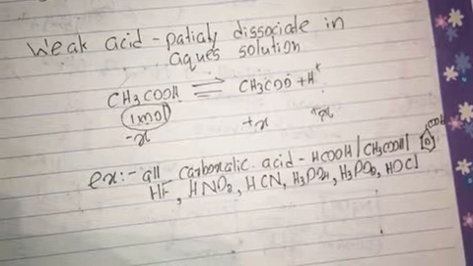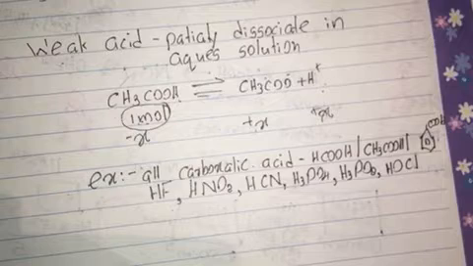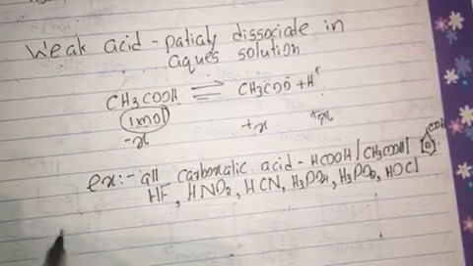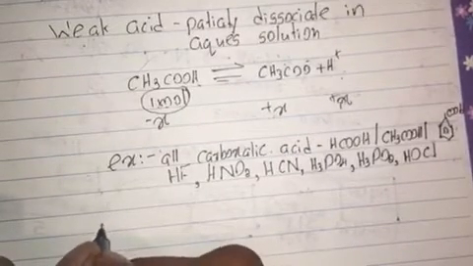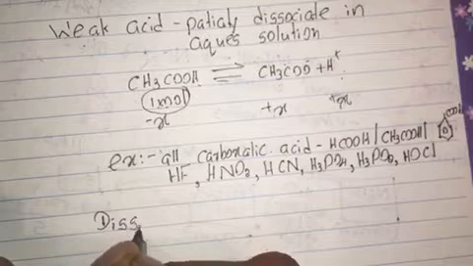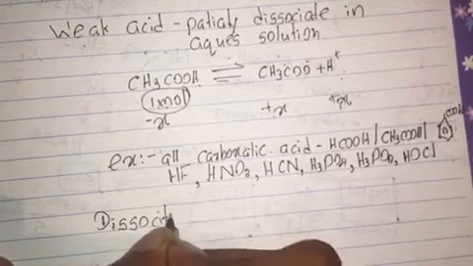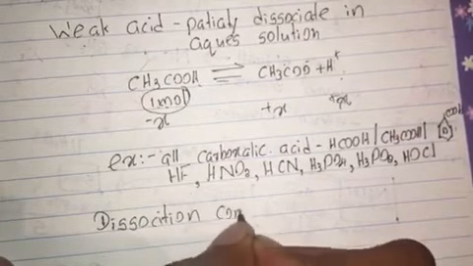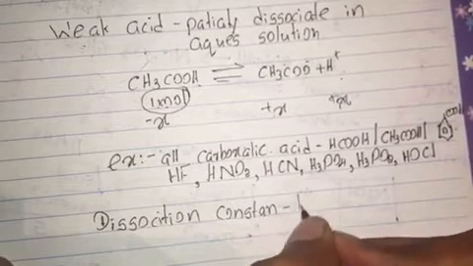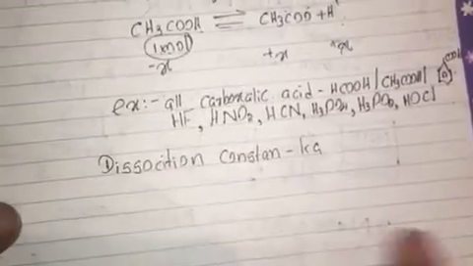Let's see the dissociation constant. Dissociation constant, symbol is Ka.